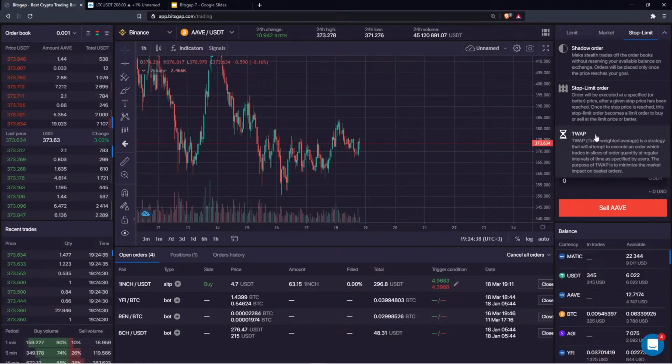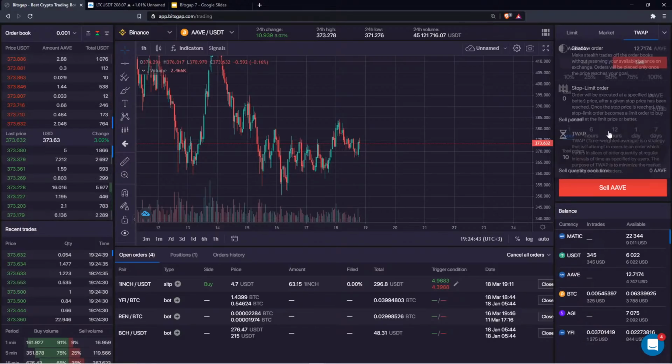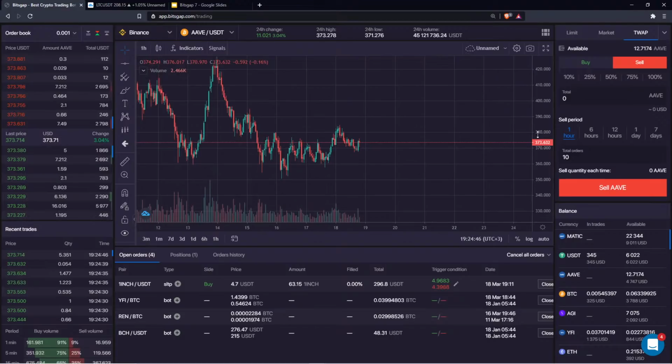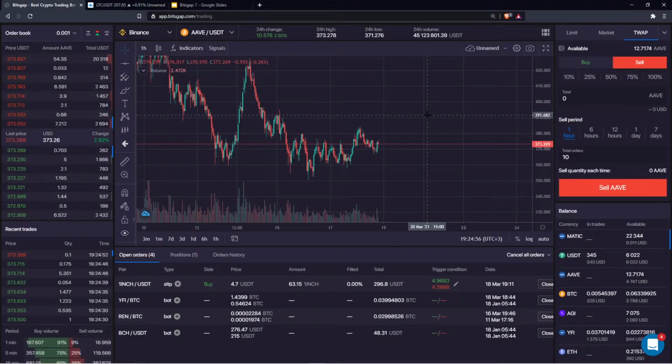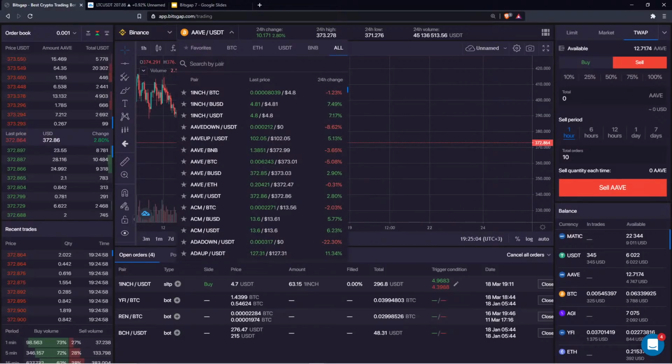We have the Twap, which is something I covered like 2 months ago, I guess. The Twap is the perfect smart trade instrument for those who want to enter or exit the market as calmly as possible, because there are some cryptocurrencies that are illiquid, almost nobody is trading them, and we know there are quite many of these.